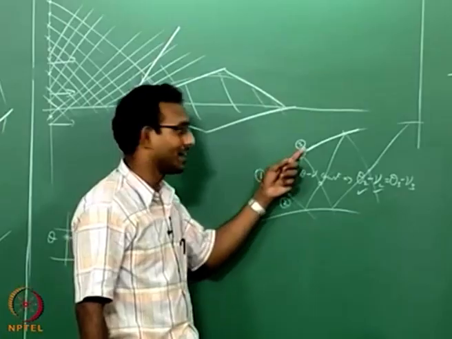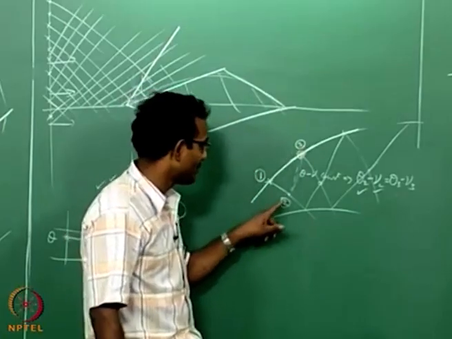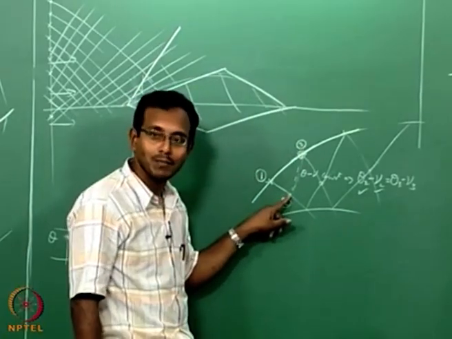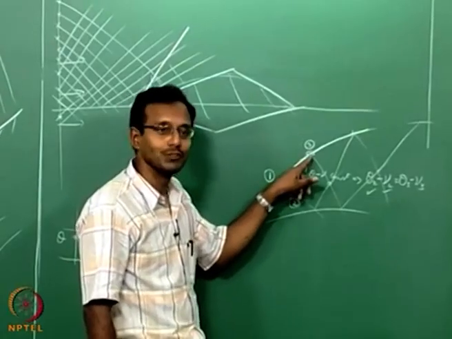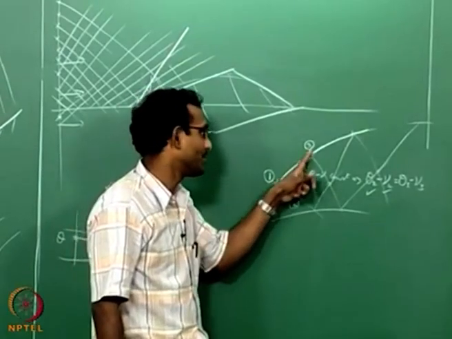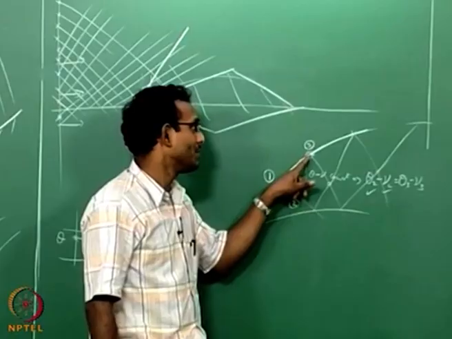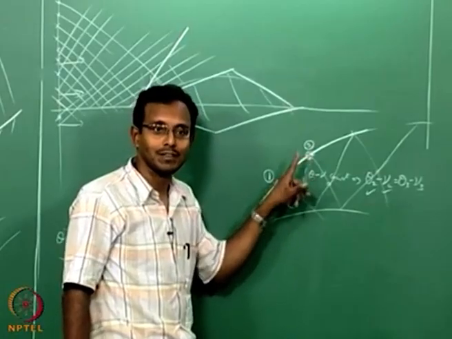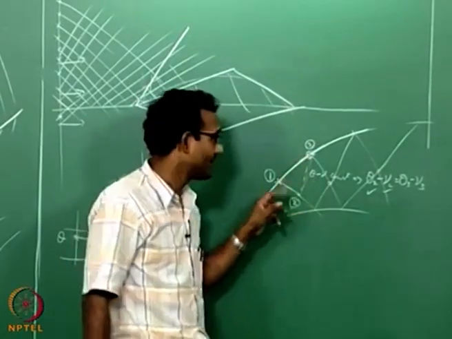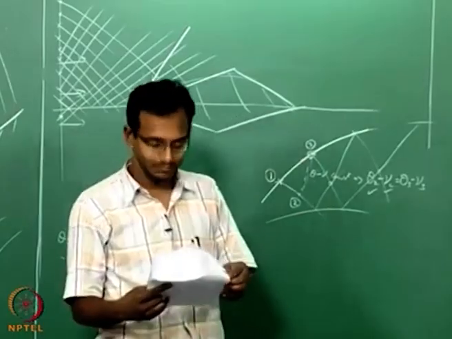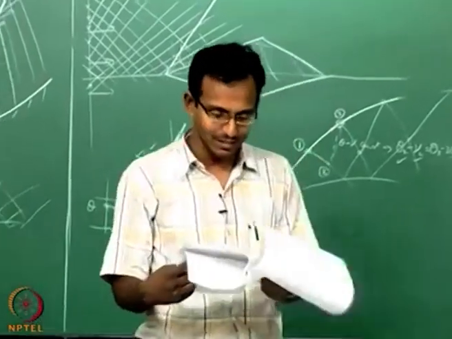So that will give me one line here, and the other line is coming from the average of theta plus mu from here and theta plus mu from here. That will be one line from here. These two intersections will give me that particular point. That is the geometrical way of looking at where the shock will be present. With all this you can definitely solve this problem.